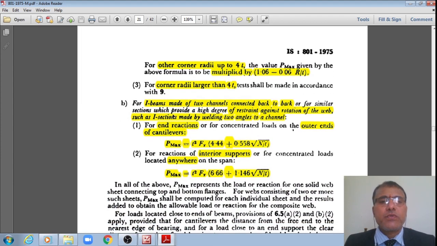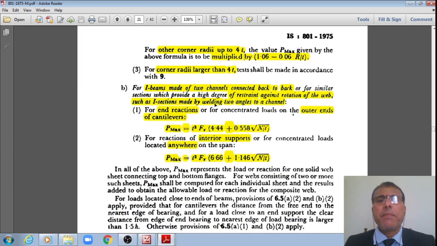And next one, the I beams made up of two channels connected back to back, or similar sections which provide a high degree of restraint against rotation of the web, such as I section made by welding two angles to a channel, right?